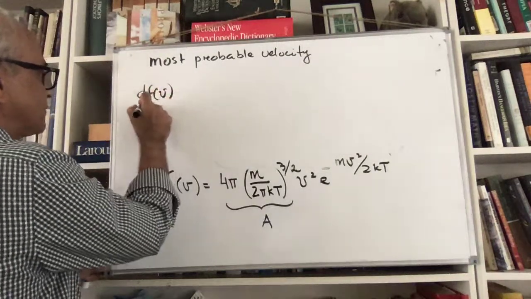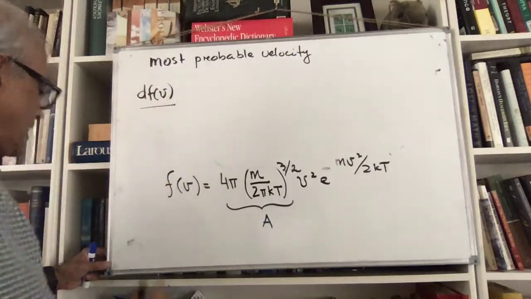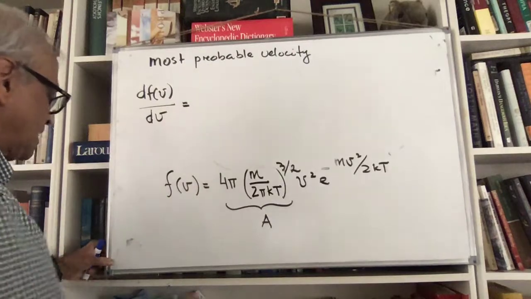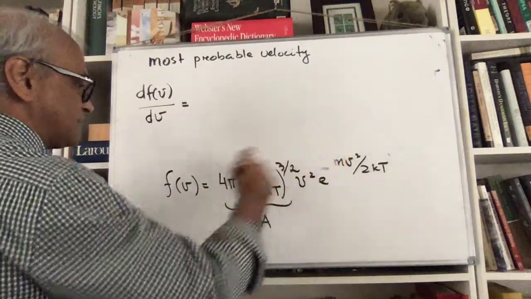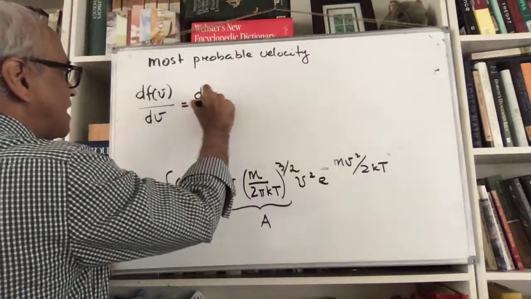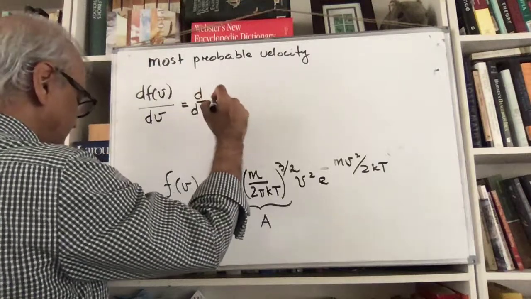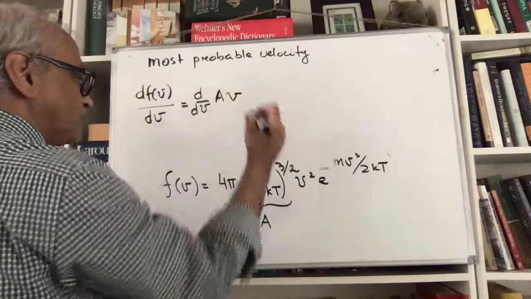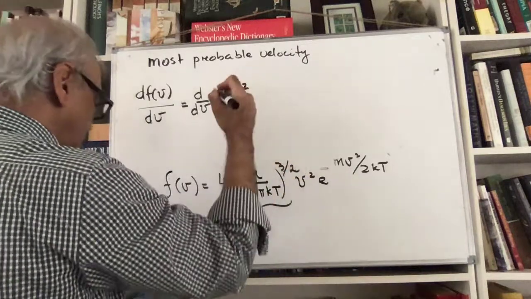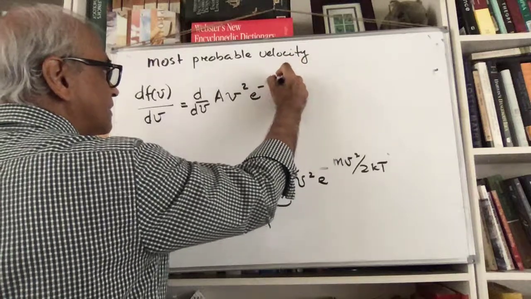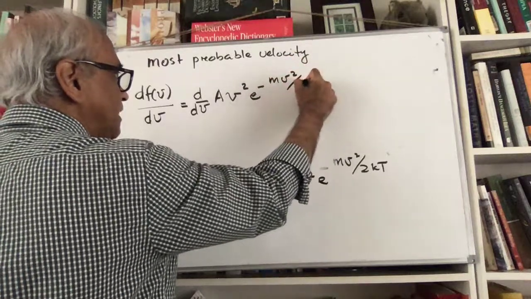So I have this function and I differentiate it with respect to V. So what we have is that I'm differentiating this guy right here. So A, we have V square, and then you have e to the power minus m V square over 2kT, right?